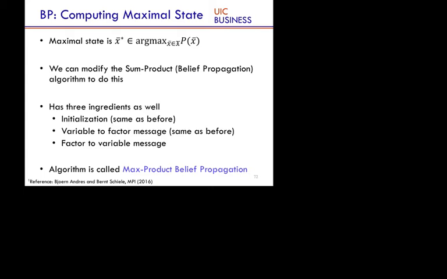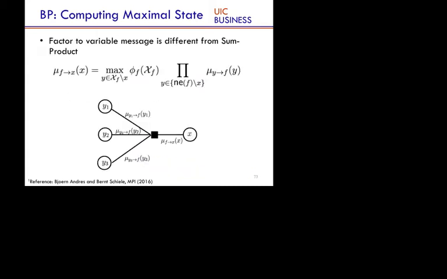That was just a product, with no other operation going on. The interesting part is the factor to variable message, which had a summation over the local variables which are unrelated to the target node. So let's look at the max product algorithm.